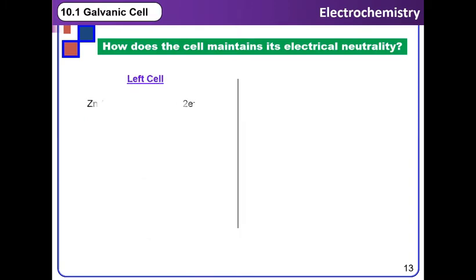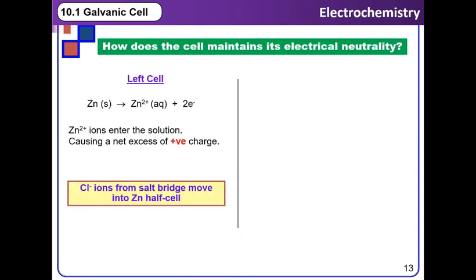Okay, so seperti yang saya terangkan tadi, at the left side, zinc solid turn to zinc 2 plus and 2 electrons. So zinc 2 plus ions enter the solution, causing a net excess of positive charge. Maknanya concentration of zinc 2 plus makin banyak.